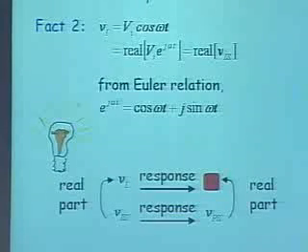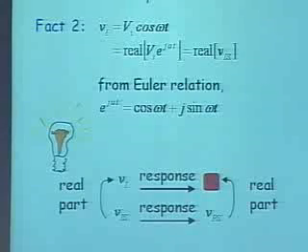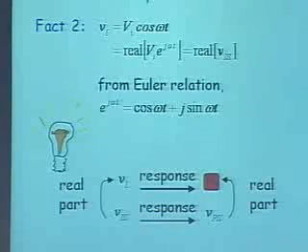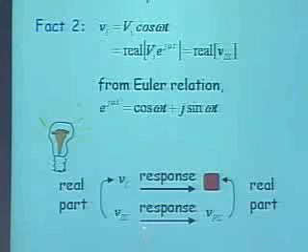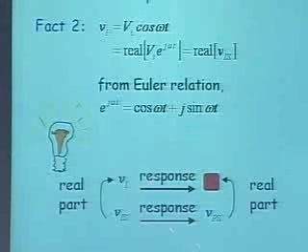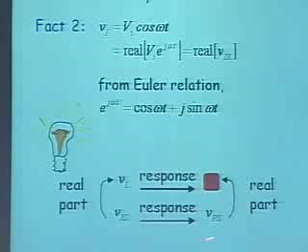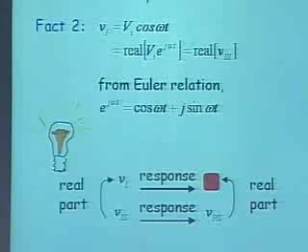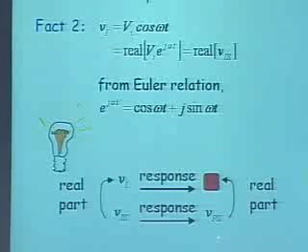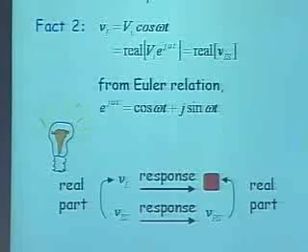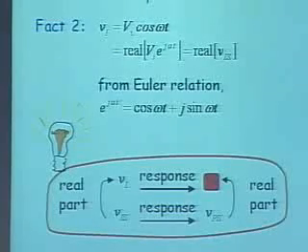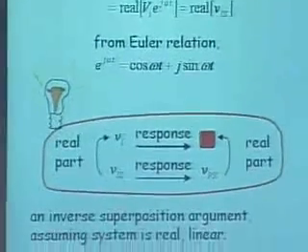So if we have a real linear circuit, for a linear circuit, if the real part of this gives me VI, then the real part of the solution should give me VP. So computing VPS was easy. So if I take the real part of this, I take the corresponding real part of this. Okay? So this is sort of an inverse superposition argument.